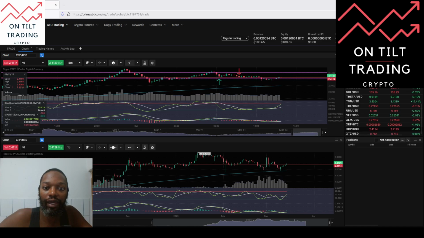But today we have Ripple right here in this area, price action going above R4. So this signals a long for me. I'll walk you through what we're seeing here on the entry and walk you through my entry process.